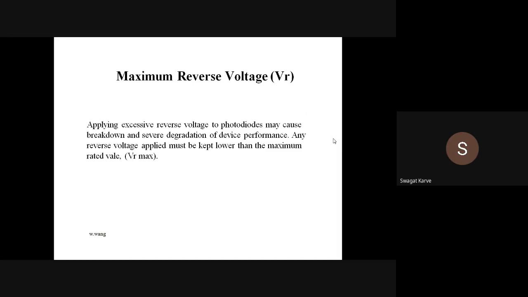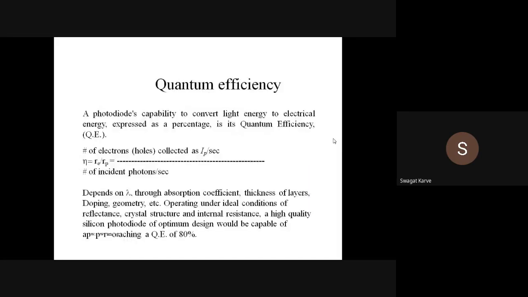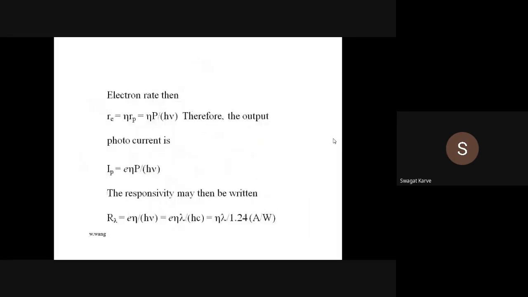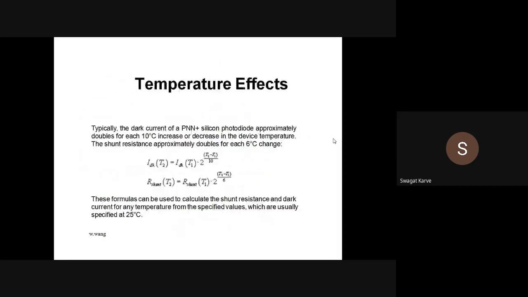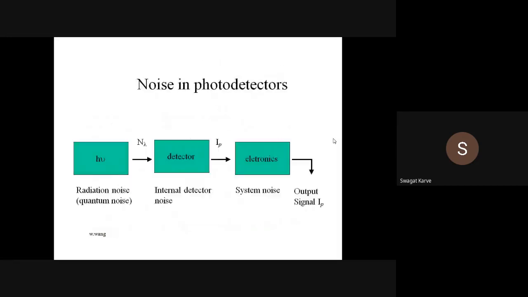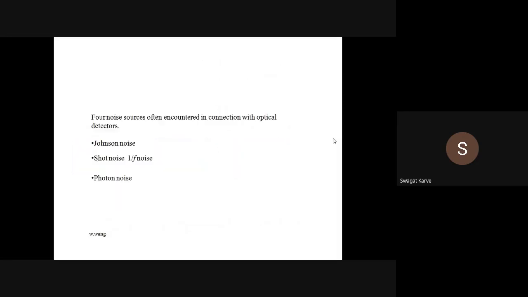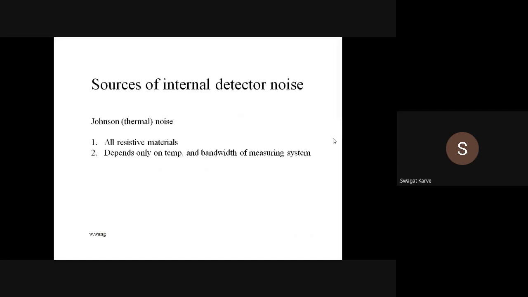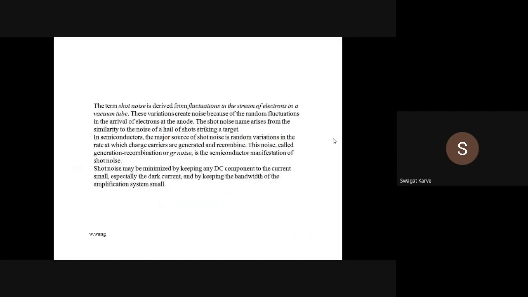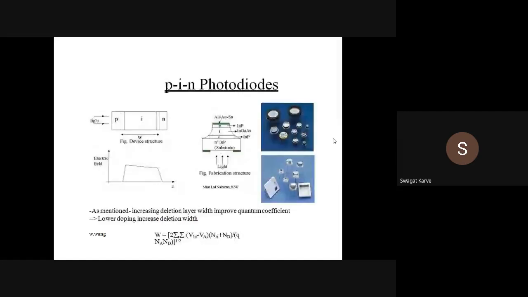Okay, now first we are going to discuss the types of optical detectors that we have in our syllabus. That is, we have a PIN type of photodiode, then avalanche photodiode, then you have a PN photodiode.